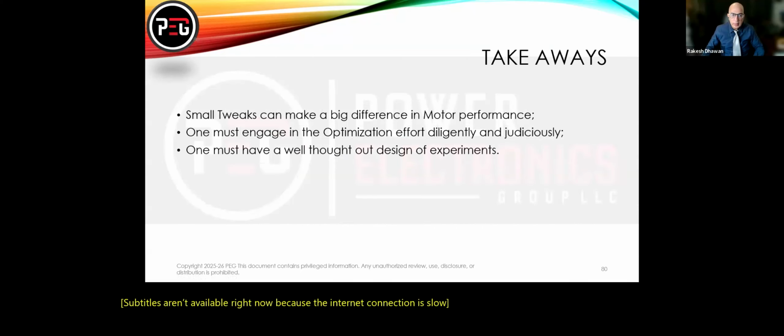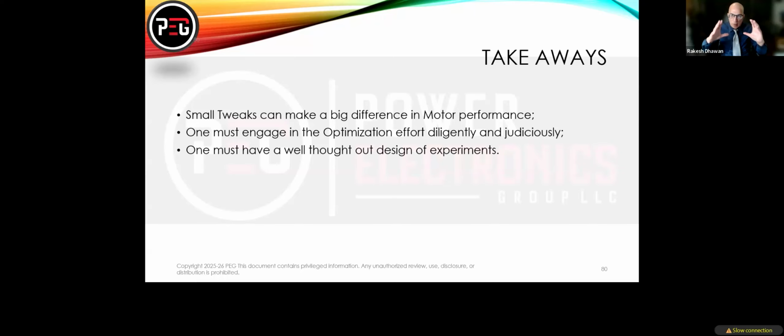So when you're looking at the motor performance, I call it small tweaks, but they may not be small tweaks in your eyes, can make a big difference in motor performance, right? When you take a certain geometric dimension you work with, it automatically imposes certain rules, certain restrictions to exploit, right?